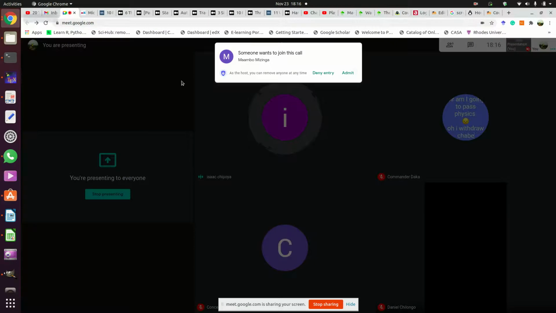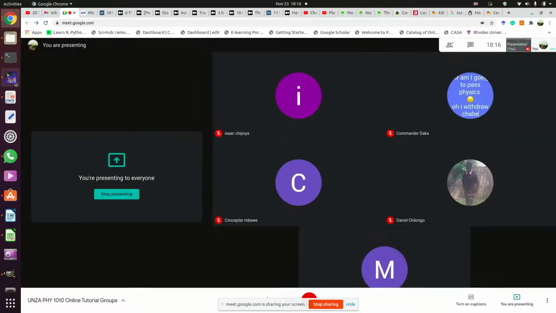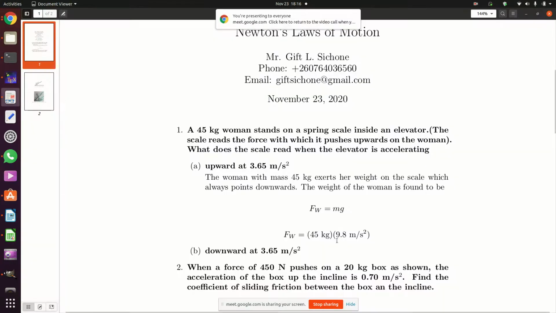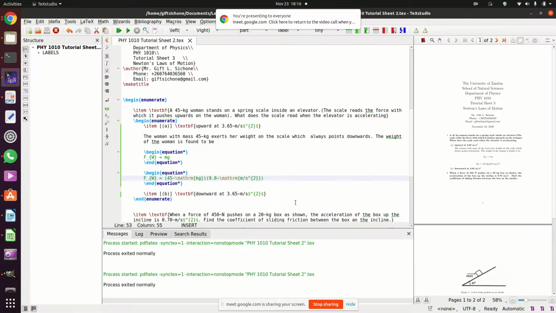It's 441. So the weight of the woman, we get that as 441. The units?